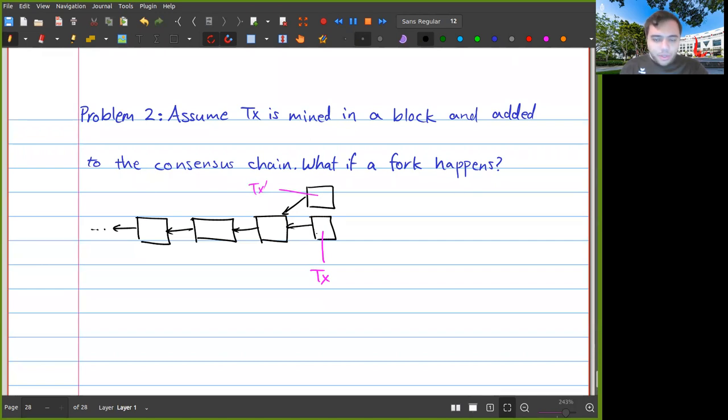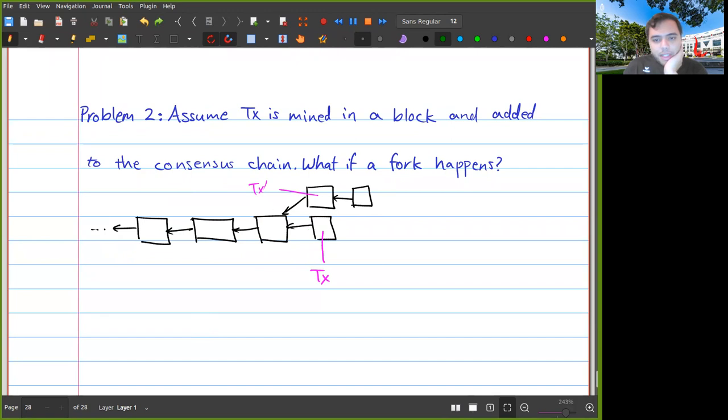And as we said before, the longest chain is the consensus chain. So it might be the case that later on this one gets longer, right? And if this one gets longer, then basically, as we said before, since the longest chain, which is now this one, is the consensus chain, that means that this one will be completely ignored, right?